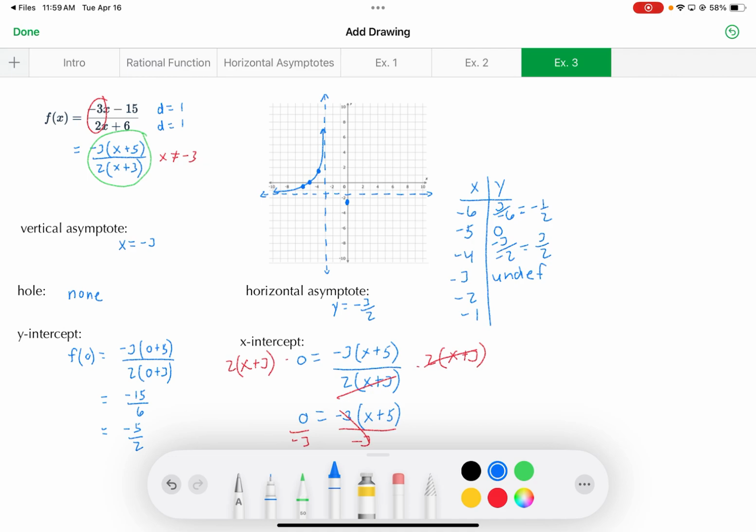All right, now plug your -2 in. So -2 plus 5 is 3. 3 times -3 is -9. On the bottom, you get a 2. So -9/2 or -4.5.